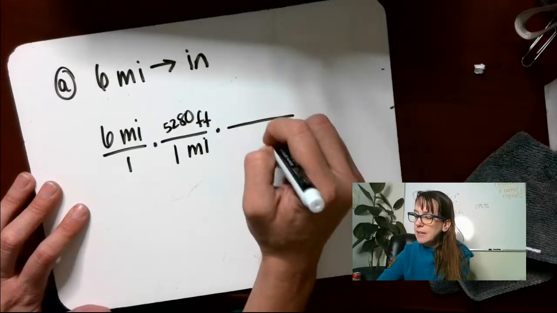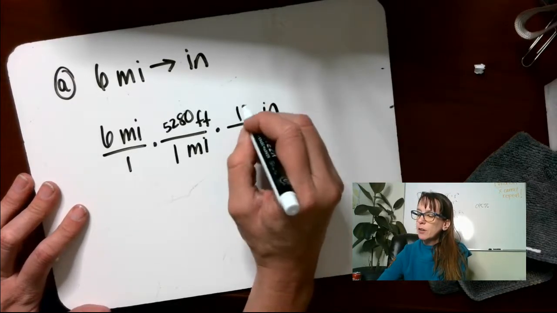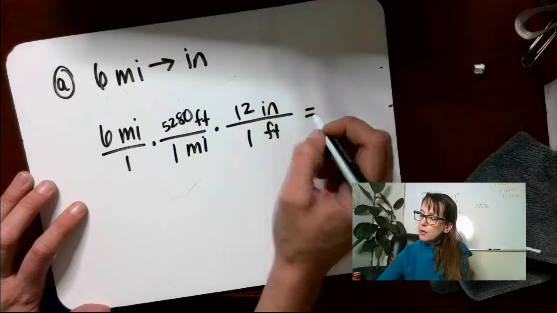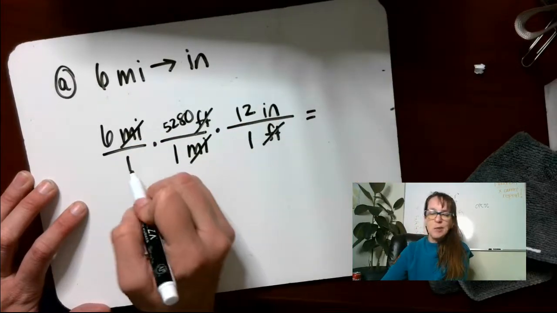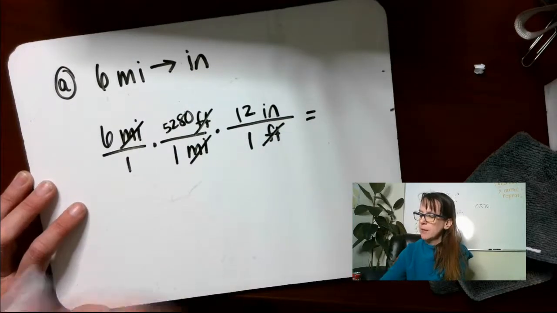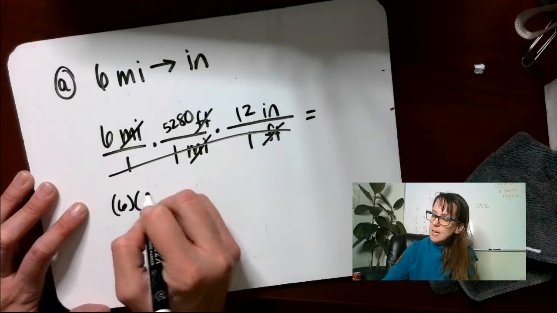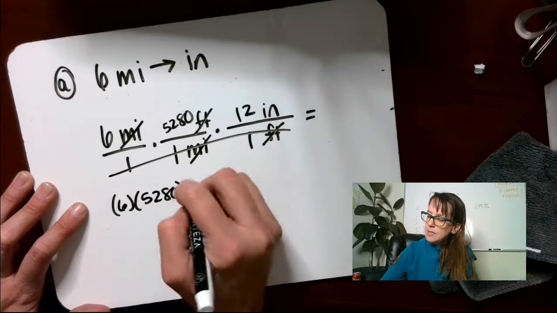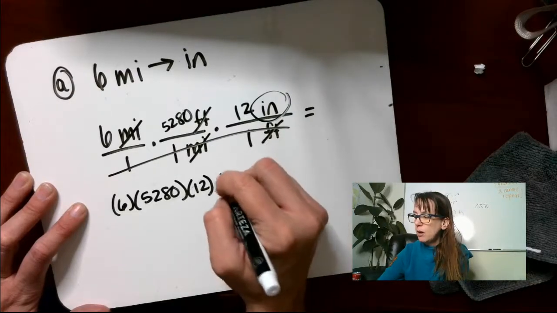And then from feet, we want to go down to inches, right? And in 1 foot, there are 12 inches. So let's cancel out. This cancels out with this. This cancels out with this. Downstairs, I have 1 times 1 times 1, done. Get rid of those. Upstairs, I have 6 times 5,280 times 12, and the only unit I have remaining is inches, so all of that inches.